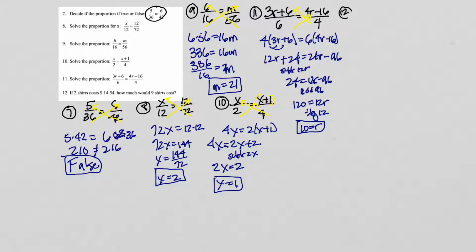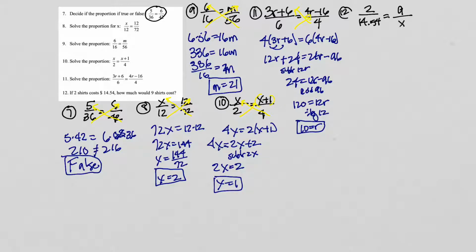Number 12, we've got a word problem here. What we're getting are 2 shirts for $14.54. So if we got 9 shirts, how much would that cost us? So I'm going to set it up as a proportion, and I think I can write it just as I read it. So what I'm getting here is I get 2 shirts for $14.54, and then 9 shirts would cost how much?